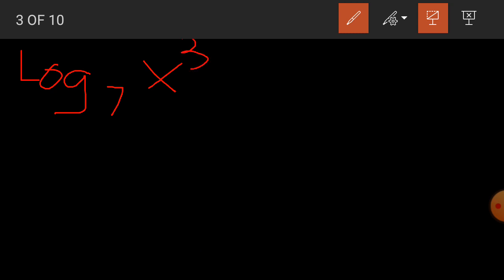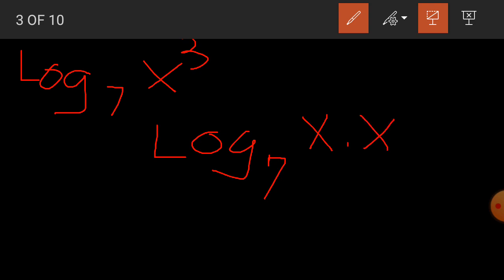Knowing about the powers, we can rewrite this logarithmic form into log base 7 of x times x times x.